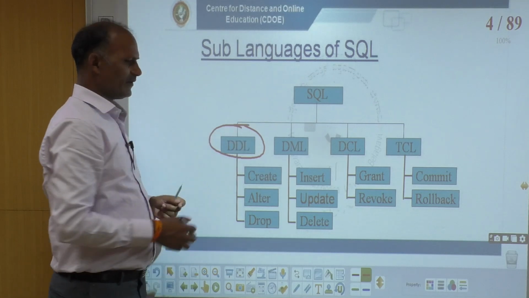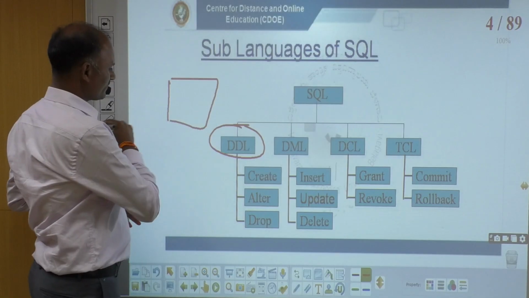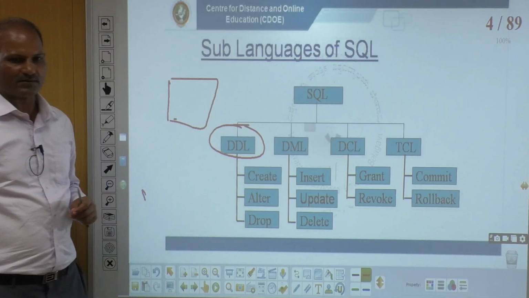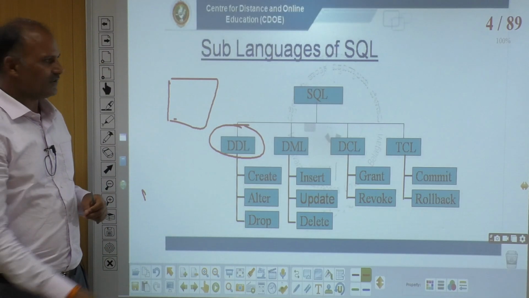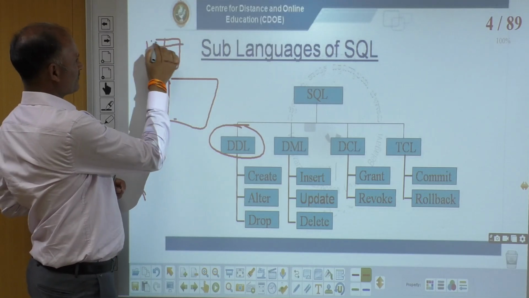This data definition language talks about the layout, the outline of a table. Say, for example, if the table looks like this.